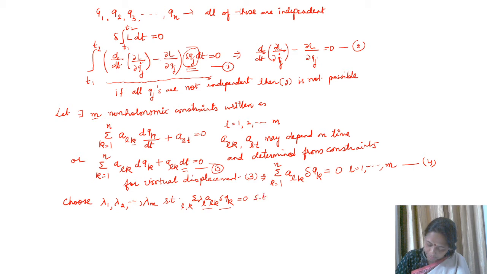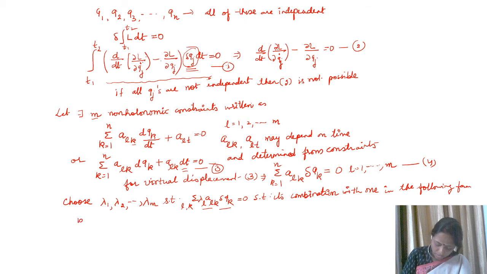such that, this will itself be 0, but in what way? Such that its combination with 1 in the following form is also possible. What is that form?